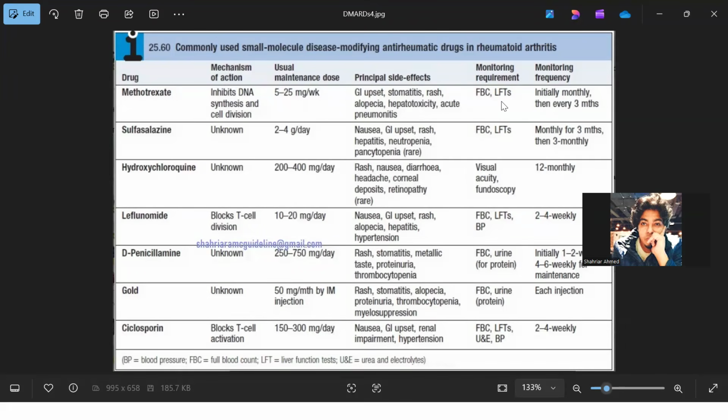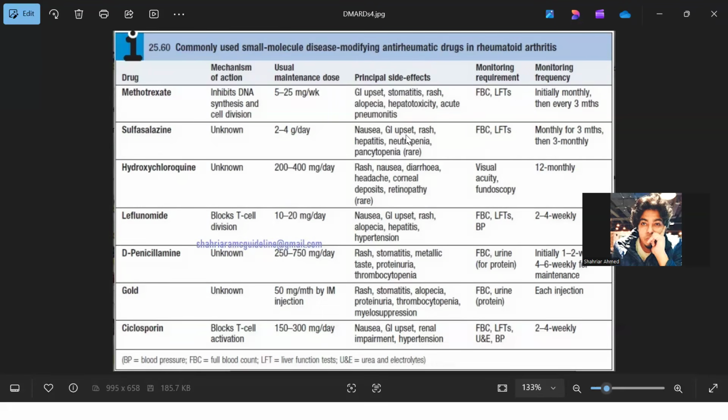Same as anti-tubercular drugs, which are in some cases very hepatotoxic as well. So you see CBC and liver function monitoring, quite common actually. Methotrexate, on the other hand, is very popular for MCQs. It can affect pregnancy, causing neural tube defects. So it is important to remember these things.